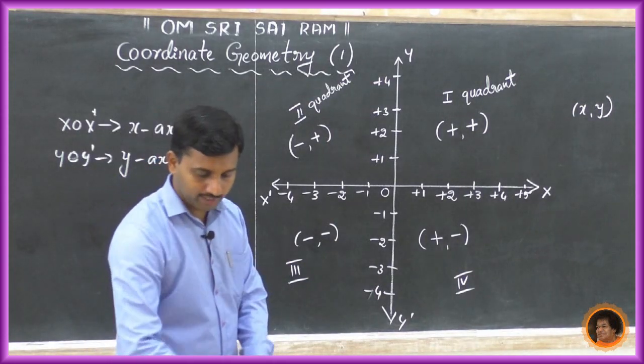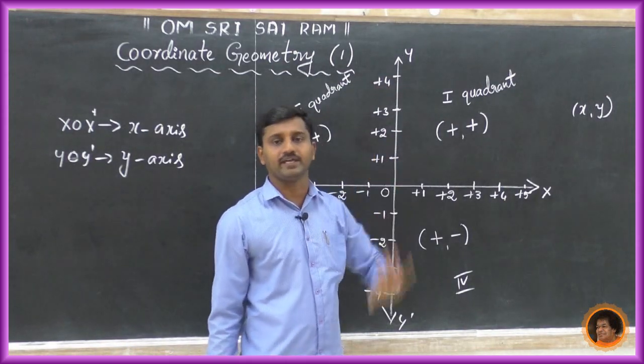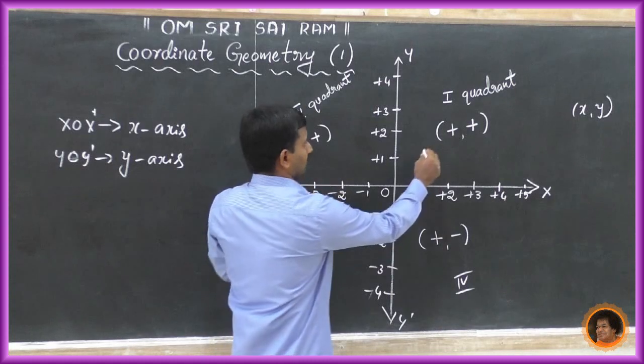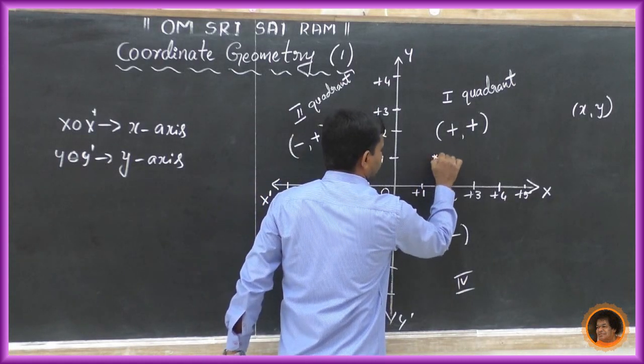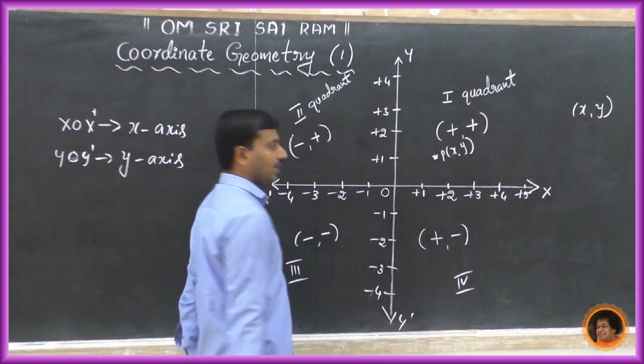And one more point, for a point on a Cartesian system or the Cartesian plane, suppose this is a point P of x comma y on a plane.